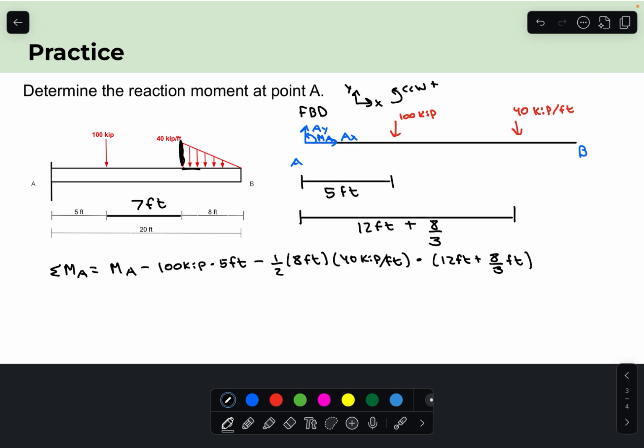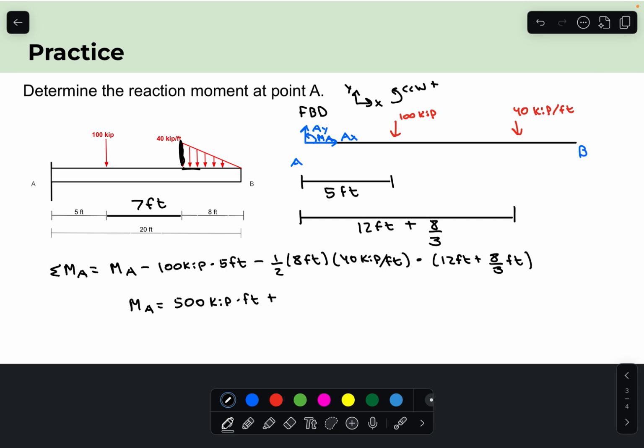So now that we have this equation written out, we can solve for our reaction moment MA. That's going to be equal to 500 kip feet plus 1/2 of 8 is 4. 4 times 40 is 160.